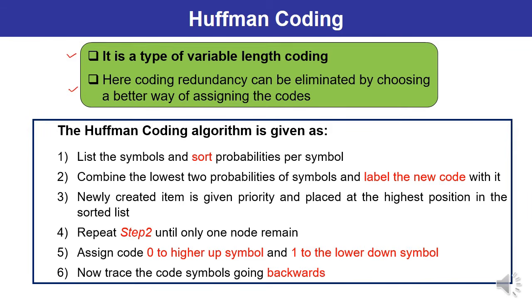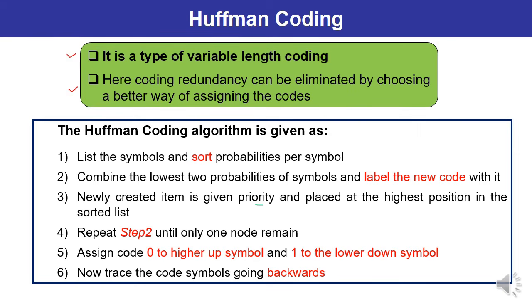In the next step, you have to combine the lowest two probabilities of the symbols and label it with a new code in the next column. After that, in the third step, the newly created item is given priority and placed at the highest position in the sorted list. Accordingly, if you get the sum as 0.4, in the next column it will be placed up, after 0.3 or 0.39, something like that.